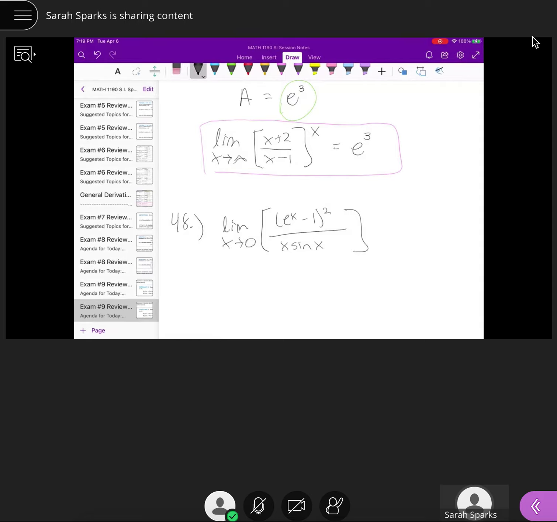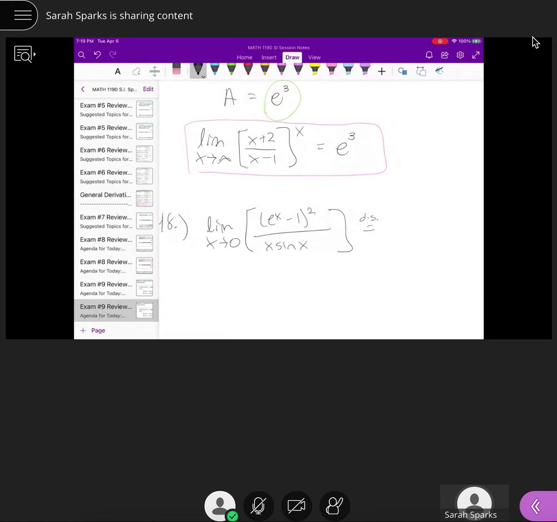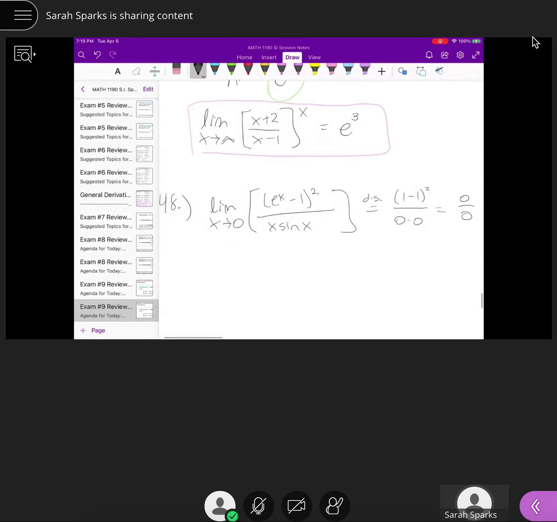If we use direct substitution and evaluate it, we would get (1 minus 1) squared over 0 times 0, which would just be 0 over 0, which we know is indeterminate. So we're going to have to use L'Hopital's rule, not direct substitution.